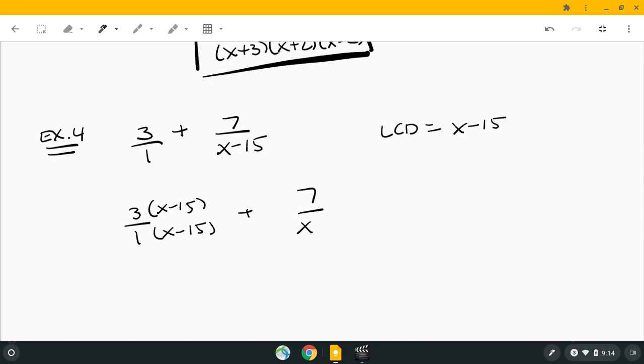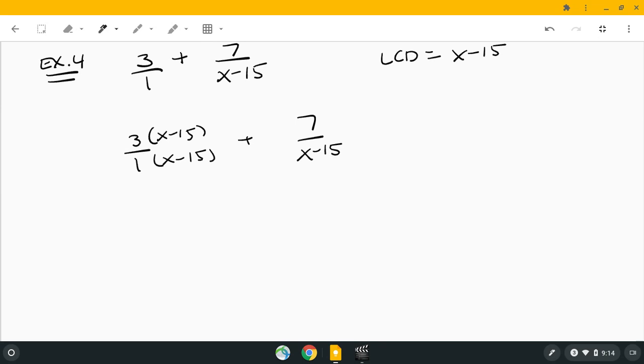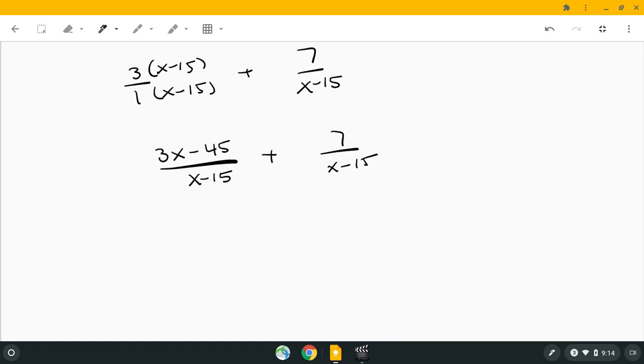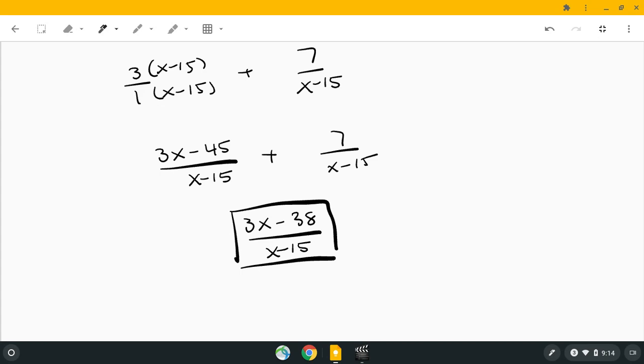And 7 over x minus 15, well, that already looks like the LCD, so we're good. So let's go ahead and multiply and combine like terms. So we get 3x minus 45 plus 7 over x minus 15. Combining like terms, I get 3x minus 38 over x minus 15. And nothing will factor and cancel, so I can just leave it like that.